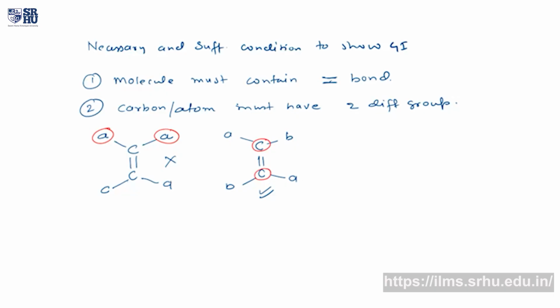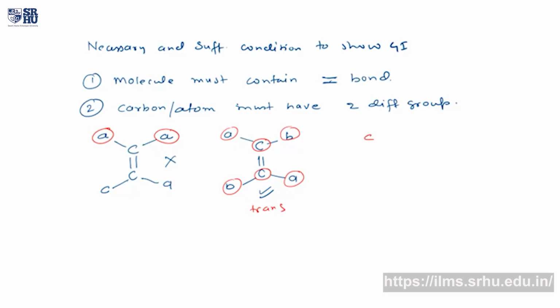They can both have the same groups, like the first carbon having A and B and the second carbon also having A and B. It is possible, but not for one carbon to have the same groups on itself. Here A and B are on the opposite side, so this is our trans.